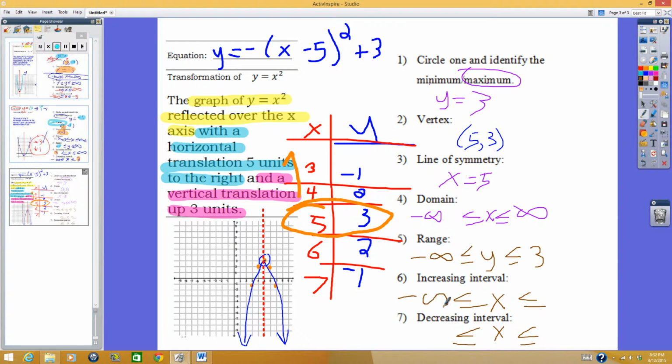It starts off at negative infinity. And I'm looking at my x's. The x value where it stops increasing is right here. And that's 5. Alright, 5.